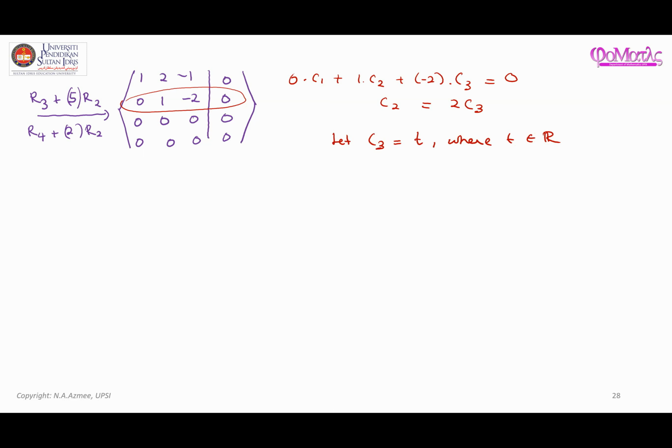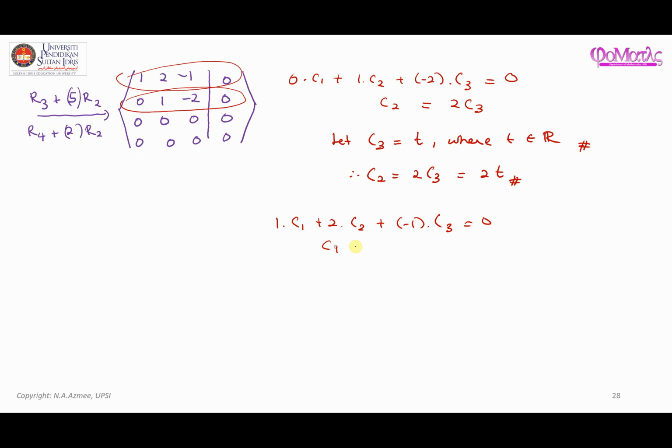Okay, so that's the solution. c3 is equal to t, so that's the solution for c3. Therefore c2 is equal to 2c3, which is equal to 2 times t. So that's the solution for the value of c2. Next, if you consider this part here, it basically says that we have 1 times c1 plus 2 times c2 plus negative 1 times c3 is equal to 0.